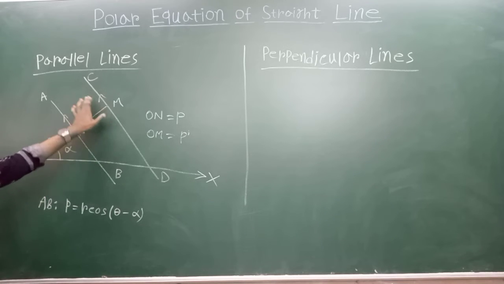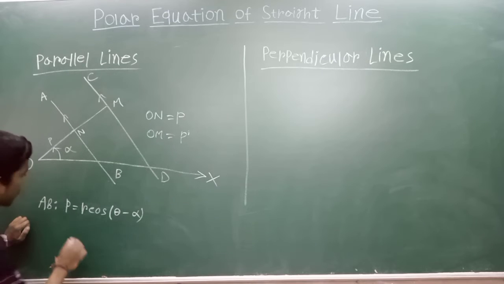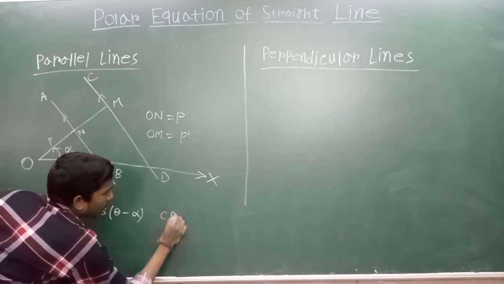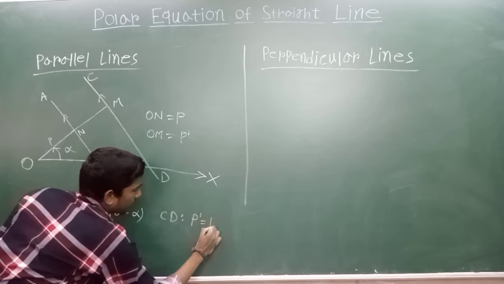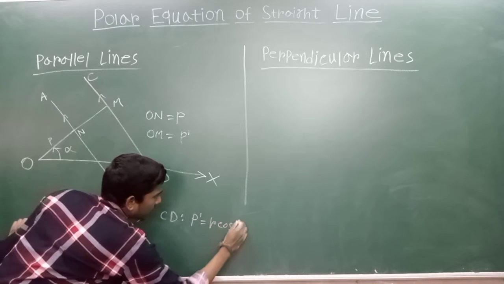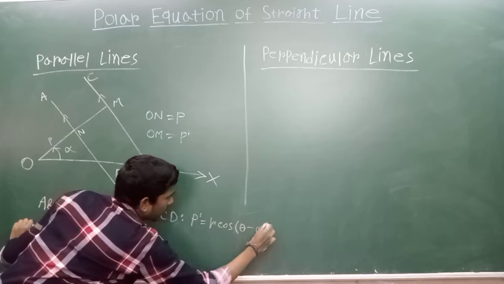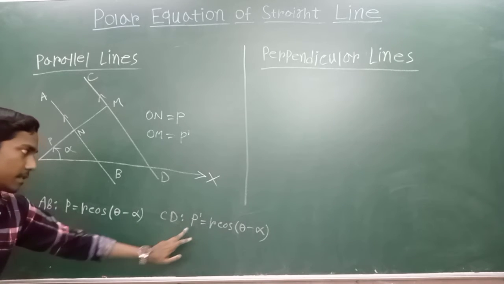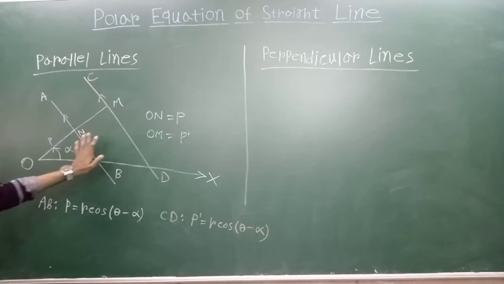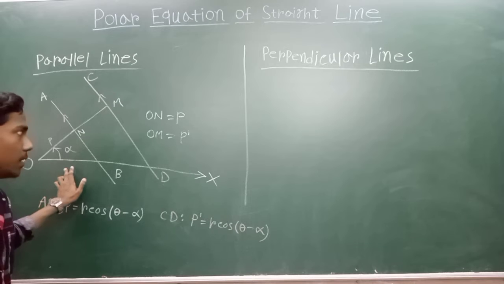So the equation of this straight line CD in polar form will be p dash = r cos(theta minus alpha). Means we just have to change this distance p dash, because this is the distance of the straight line from the pole.